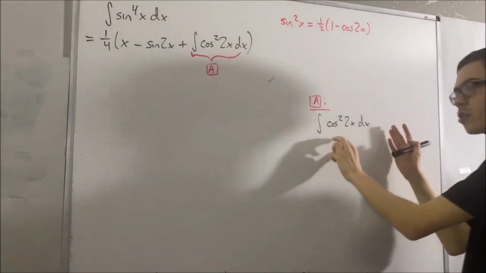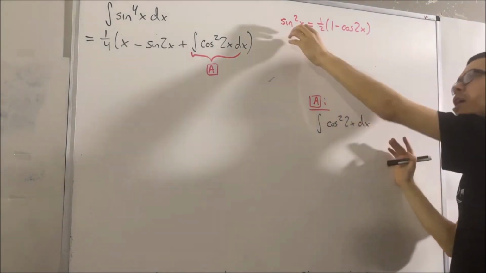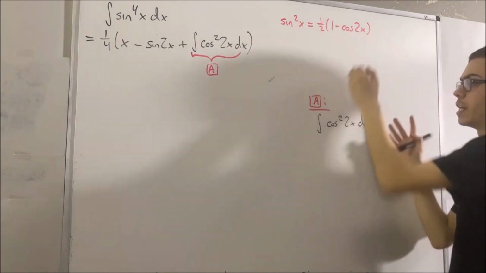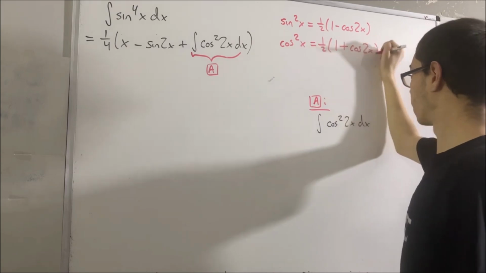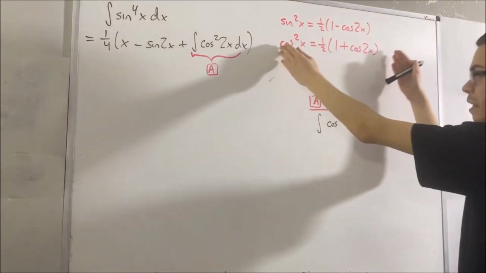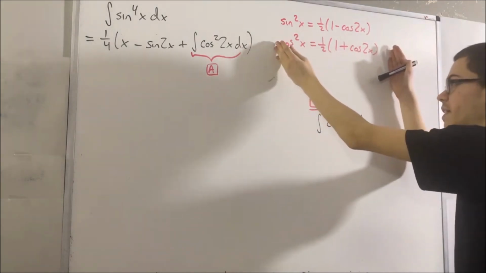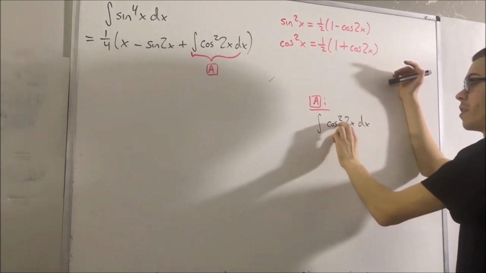And notice the integral we're evaluating is cosine to an even power. Another identity that tends to be useful in these sort of situations is this one.